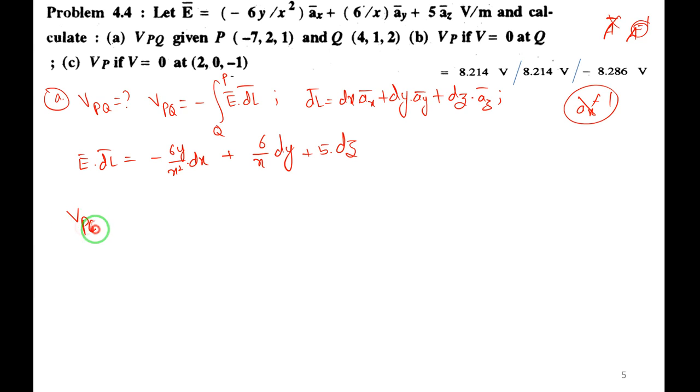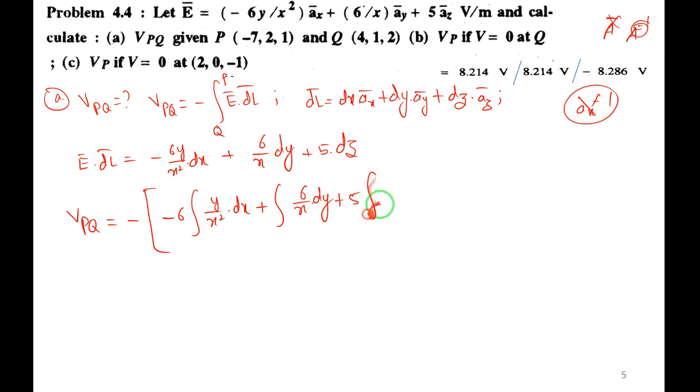Vpq is equal to minus, I will split the integral, open bracket, split the integral among these three terms. So minus 6 can be taken out from the first term: integration of y by x square into dx, plus 6 can be taken out, integration of 6 by x, dy, plus 5 is taken out, integration of dz.